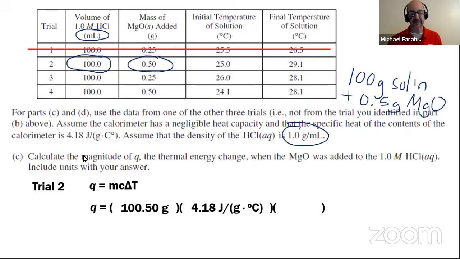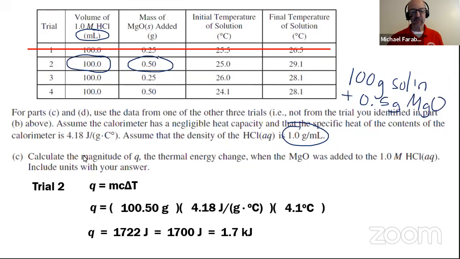And our delta T, as calculated by the difference in temperature, is 4.1. So we'll do this math, and we get 100.5 times 4.18 times 4.1. I get 1722. I'll round that off to 2 significant figures because of the delta T. So approximately 1700 joules, or 1.7 kilojoules.